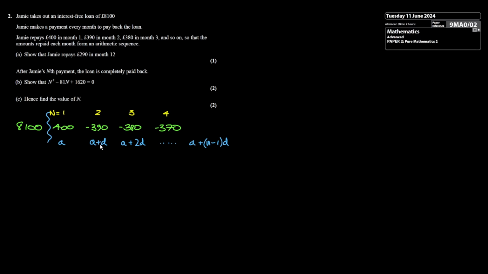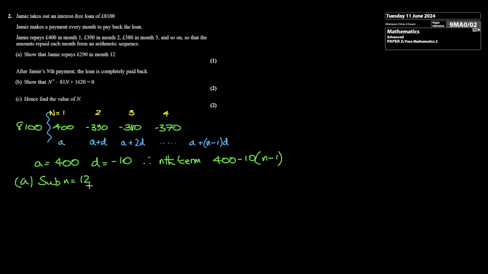This is A plus D, A plus 2D, and the general expression for any term in that sequence, A plus n minus 1 D. Well, from that it's fairly easy to say that A is equal to 400 and D is equal to minus 10. So the nth term becomes 400 minus 10 multiplied by n minus 1.